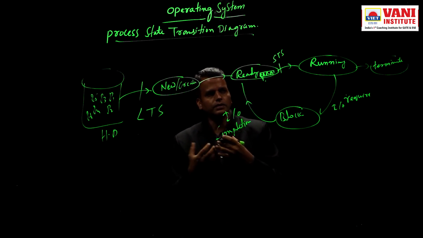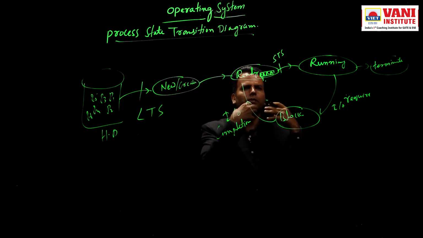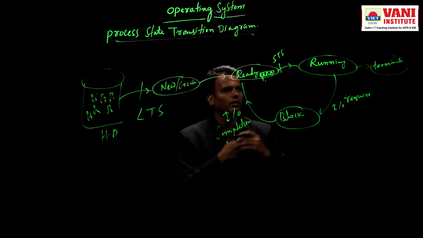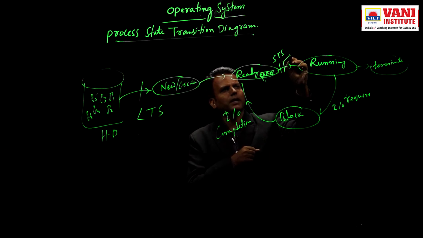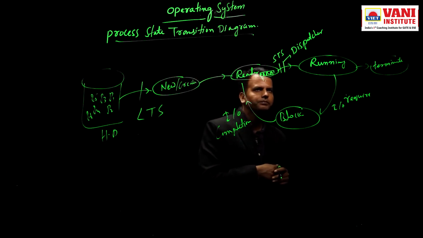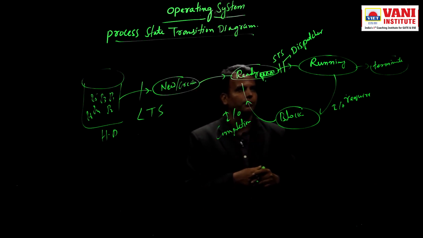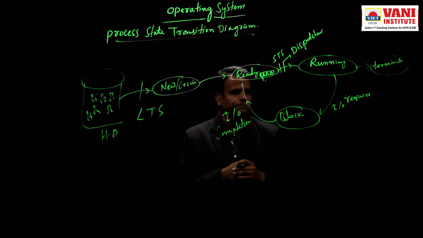After making a decision on who will go, suppose it has decided that process P1 is an eligible candidate for running on the CPU. This information it will pass to the dispatcher, as we discussed previously. The dispatcher, I said, is a small program, not hardware. STS will pass this information to the dispatcher.